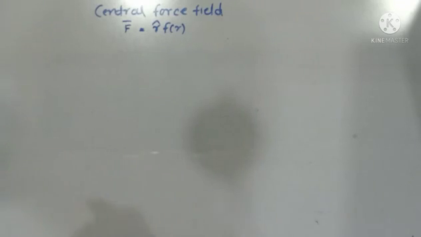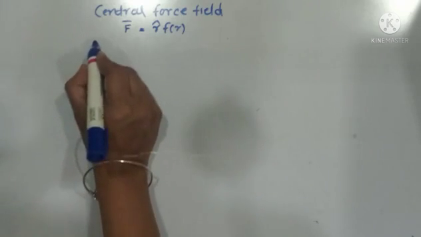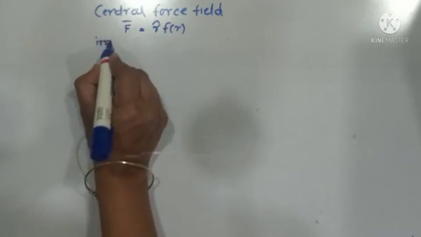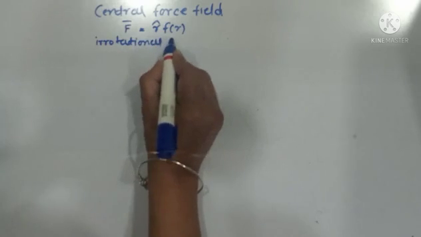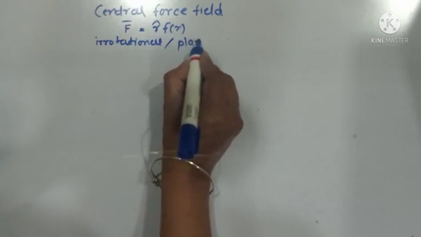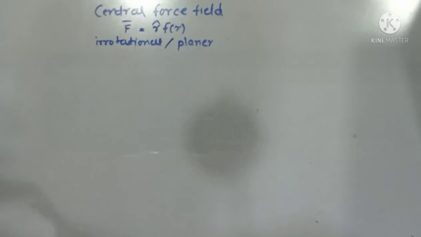Now, the motion of the particle in the central force field is always irrotational or planar. When a particle is moving in a central force field, its motion is always irrotational or planar.